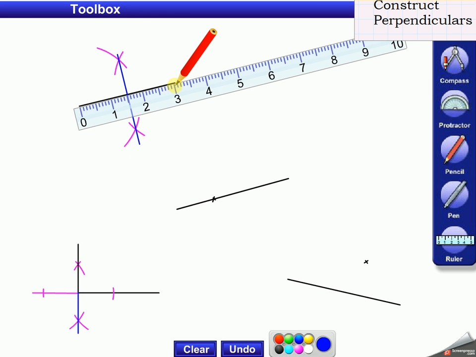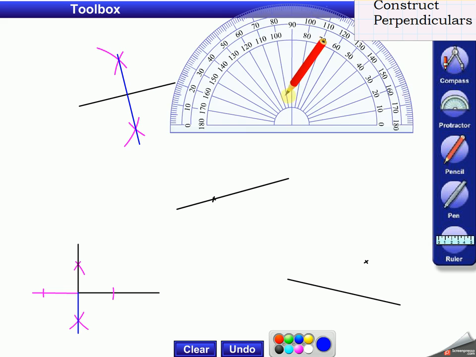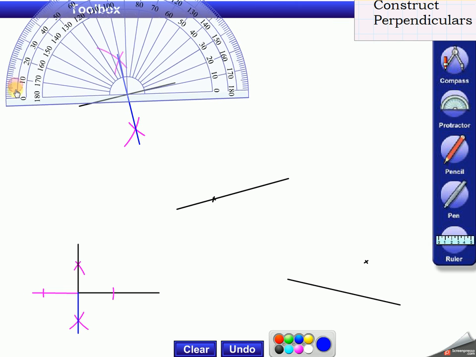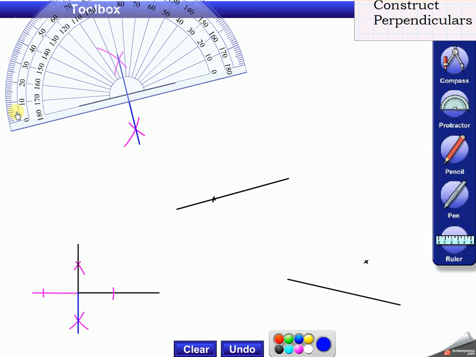So these 2 points, if you get told something is equal distance from 2 places, you're looking at all points along the mirror line between them, or the perpendicular bisector. This is just over 3, ever so slightly over 1.5. I've split the line in 2, and I'll just put my protractor down and check that I've got the angle at 90 degrees. And there you go, angle at 90 degrees.